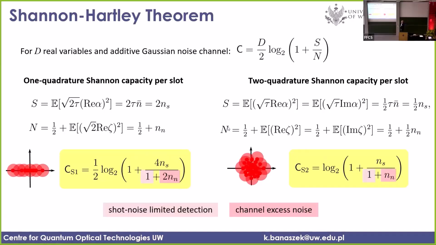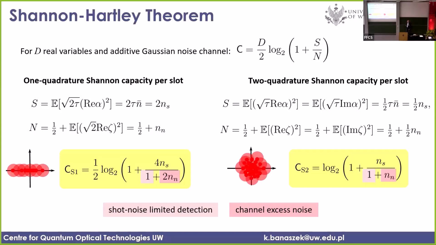We have one contribution that comes from the vacuum, which we assume is as good as it gets, that is, at the shot noise limit. And then the second term comes from the excess noise added to the channel. So this is a first hint that it's difficult to talk about signal to noise ratio as a universal figure.